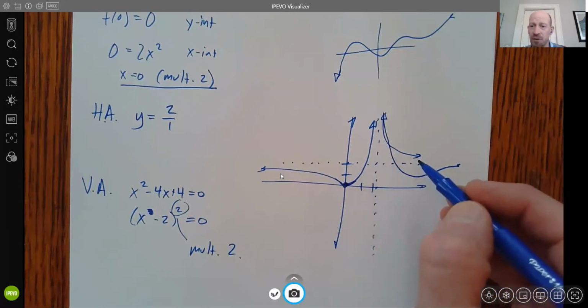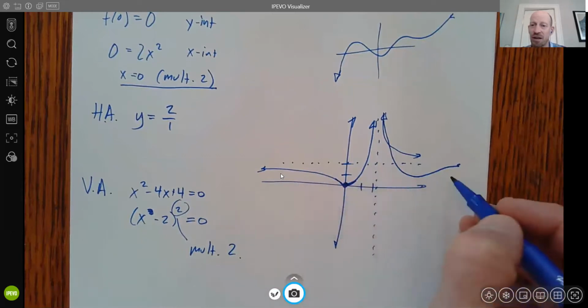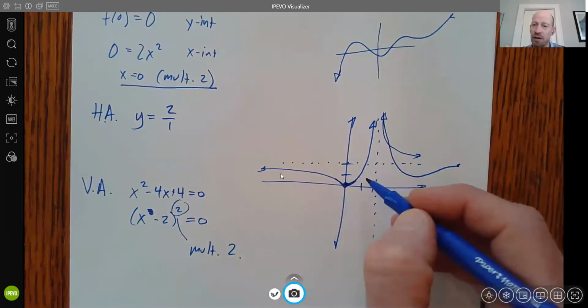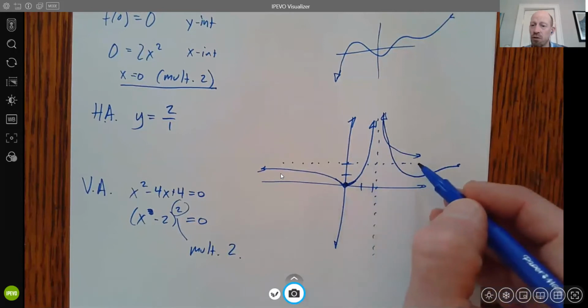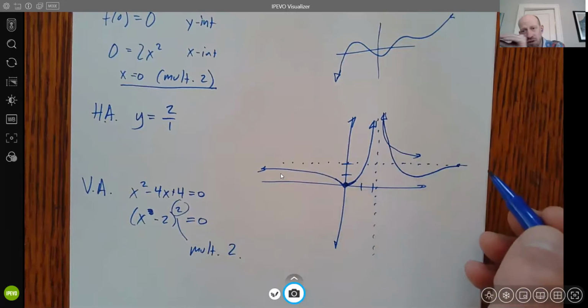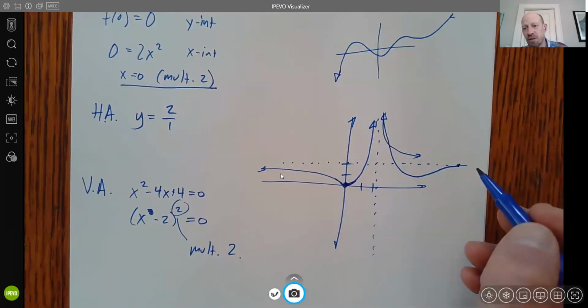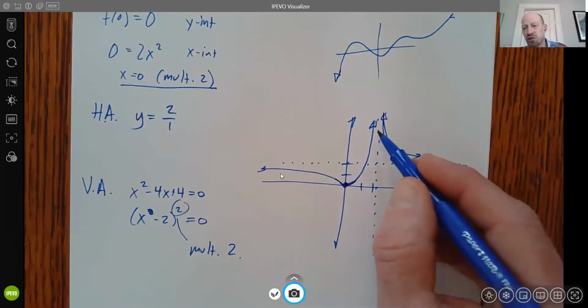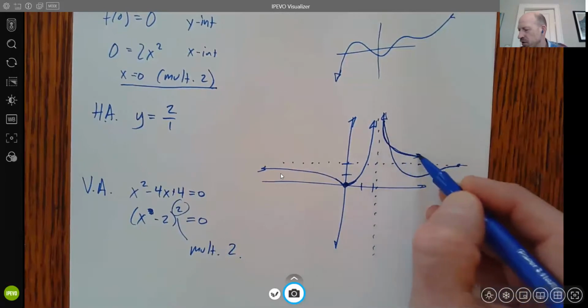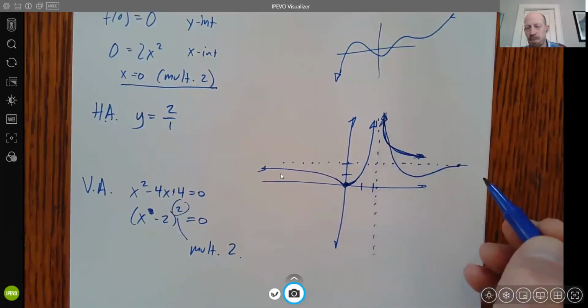That happens. But it's not okay to cross the x-axis anywhere else because I don't have any more x-intercepts. The horizontal asymptote just tells me that eventually it's going to be getting close to 2. But it doesn't tell me where or from which direction it's coming towards. So I just chose this one because it's kind of the simplest version of that.